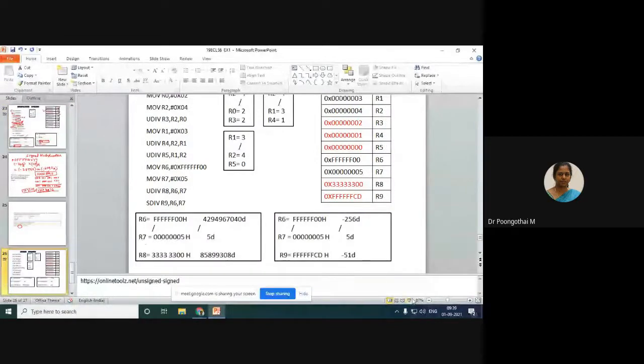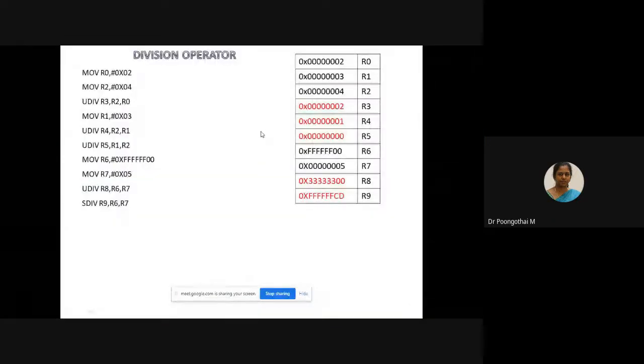So next one is the division instruction. Just note down the code. We have two instructions under divide operations. One is unsigned div, another one is signed div. So only we have two.